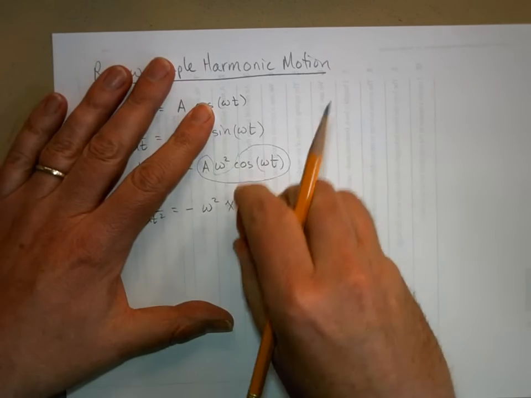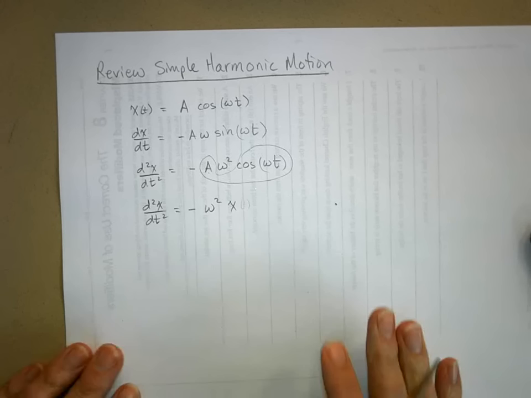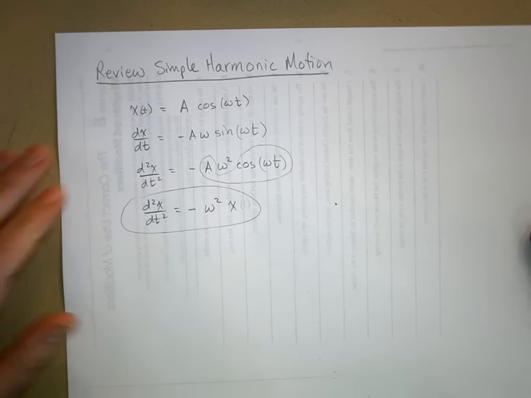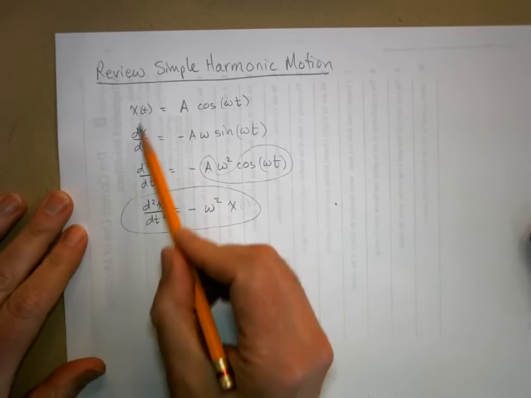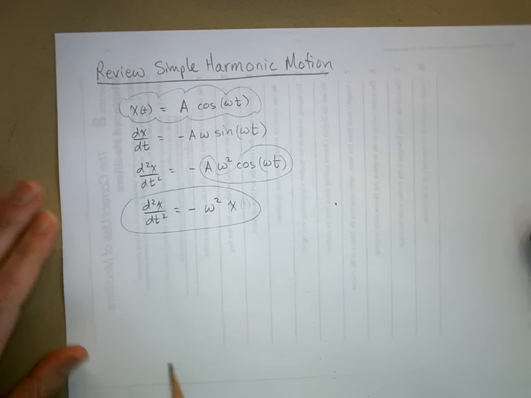I'm not even going to put that function of t. I'm just going to leave it like that. So look, now this is a differential equation. This is a solution to that differential equation.